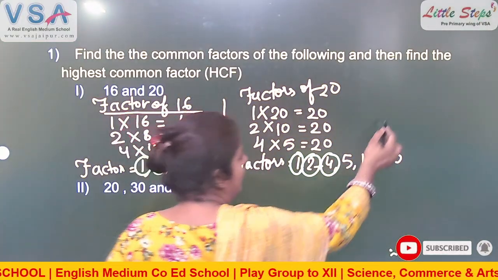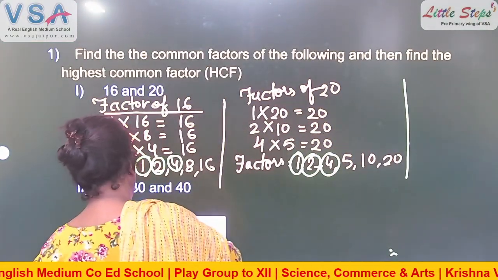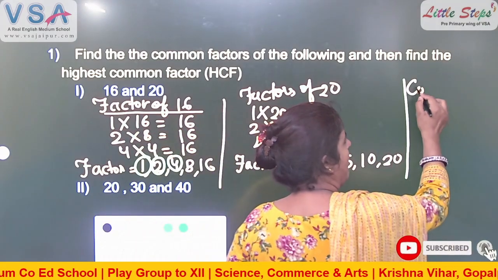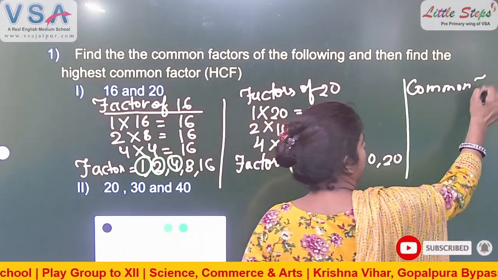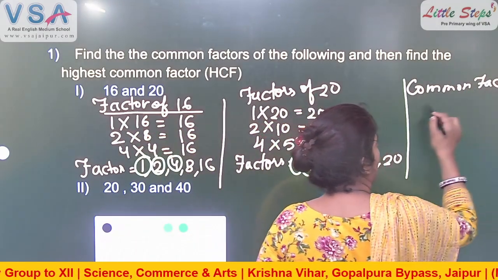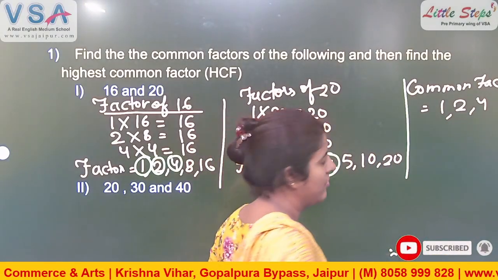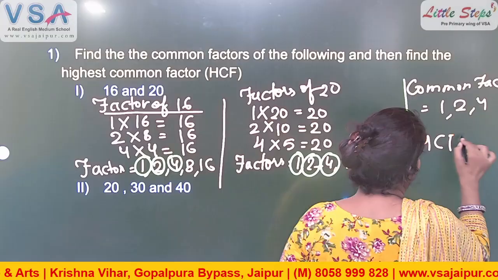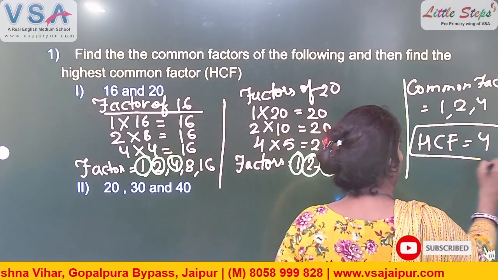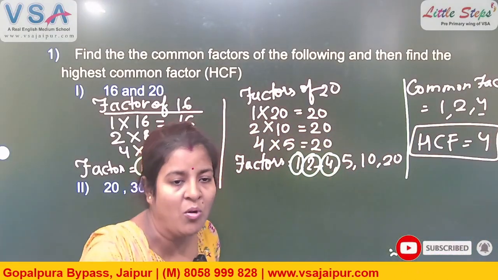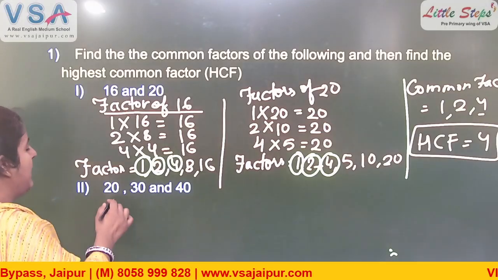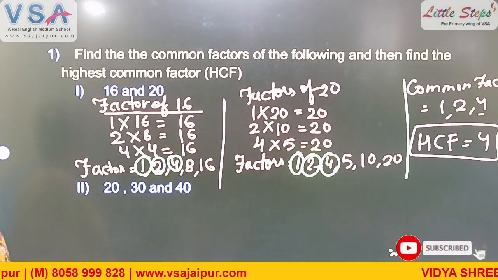So then the common factors are 1, 2, and 4. The HCF is 4 because the highest common factor is 4. Yes and no? And we can write the next set: factors of 20, 30, and 40.